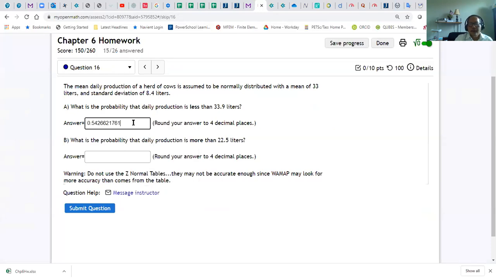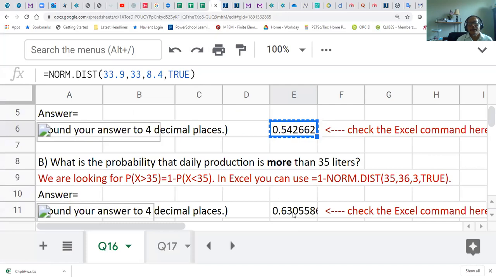Round up to 4 decimal places. And this second one is greater than 22.5.